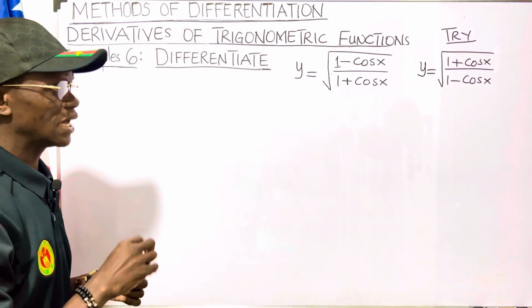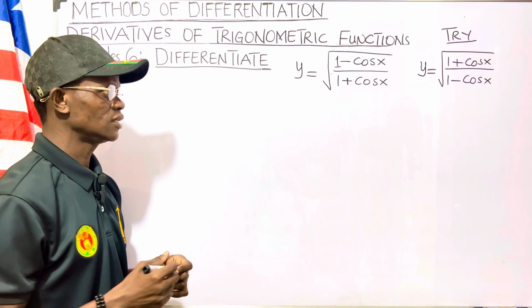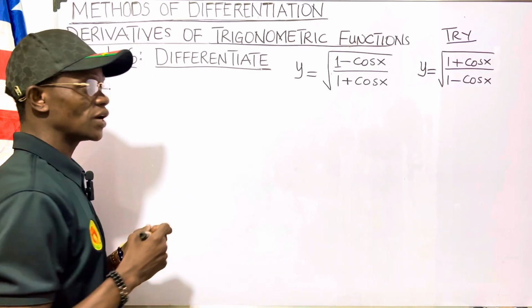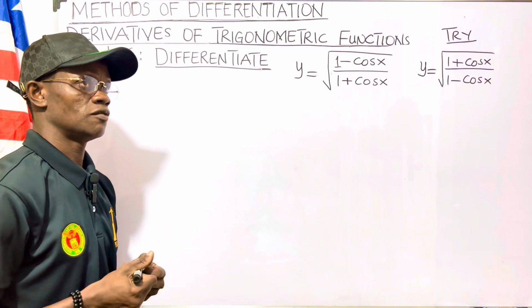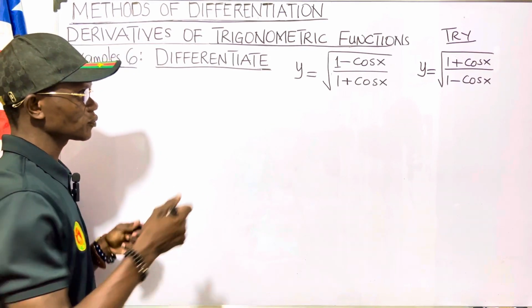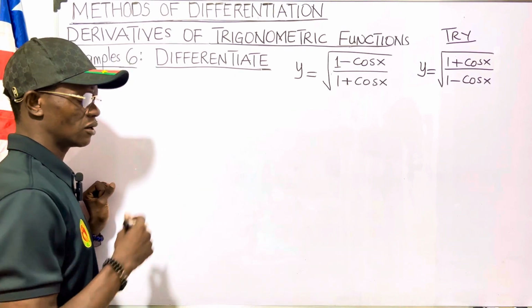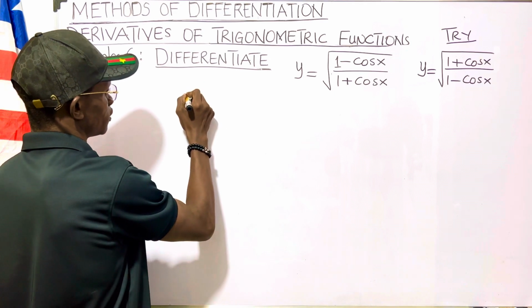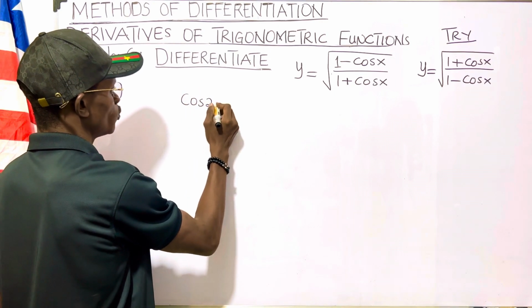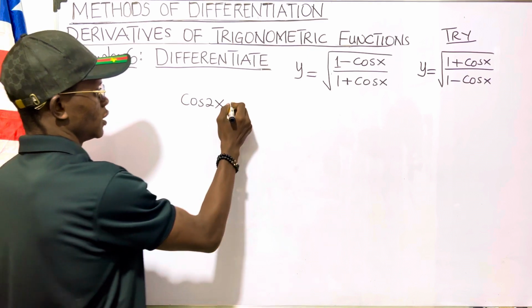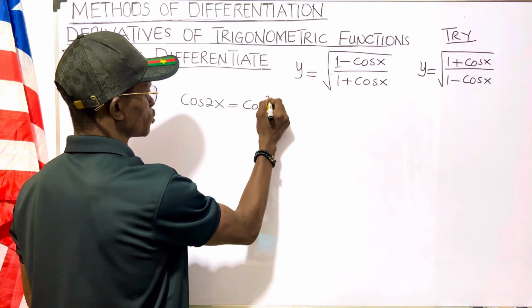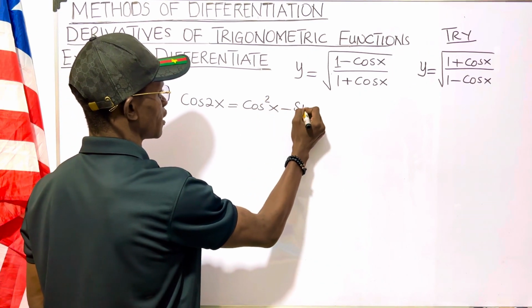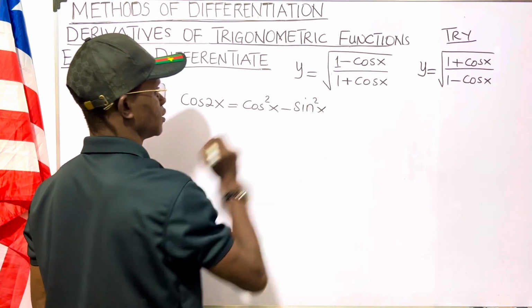Now, in our trigonometric lesson, we derived some useful identities from the double angle identities, especially for sine and cosine. So we know that cos of 2x is equal to cos square x minus sine square x.